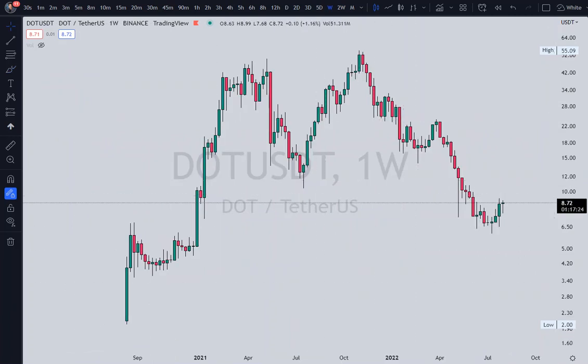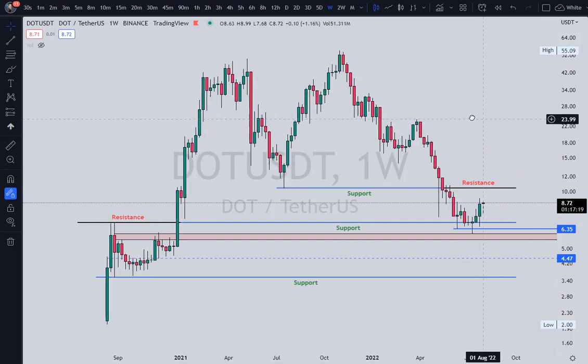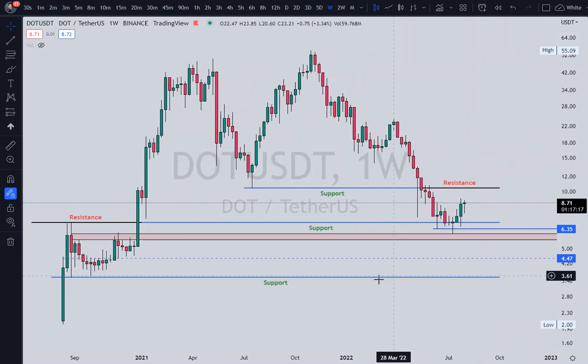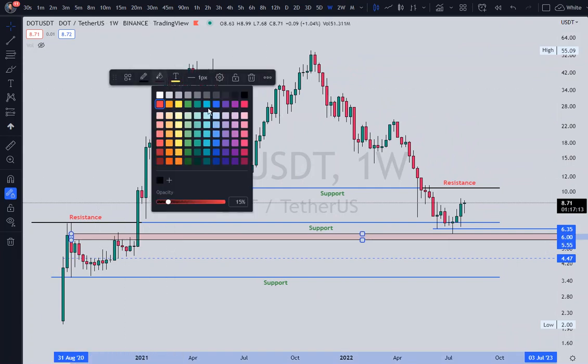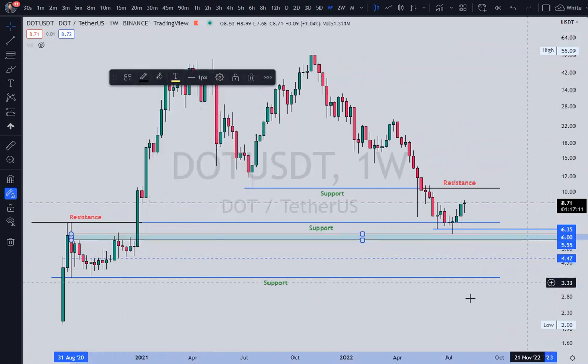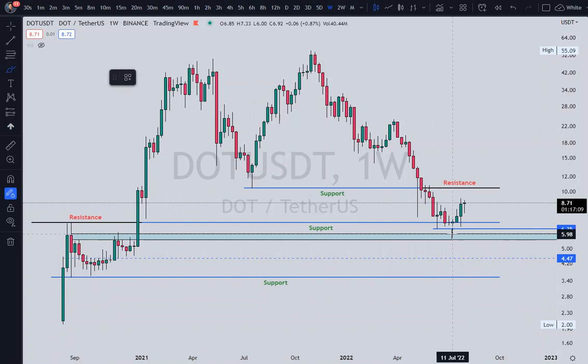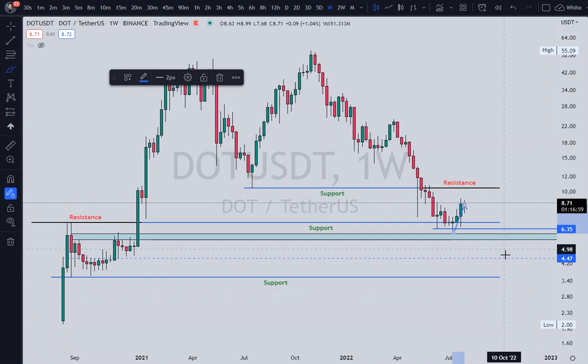As for Polkadot, here we are in the weekly time frame, and these are important price levels. We had a very important support here around the $6 area, and you can see a very good bounce from this area to the upside. But we still have a very important resistance here around the $10 area.